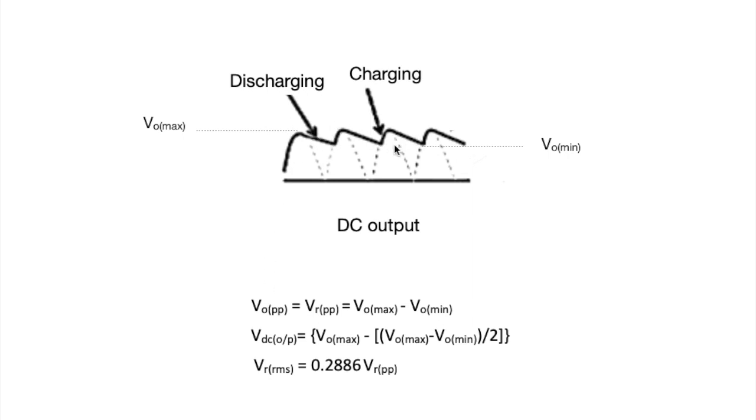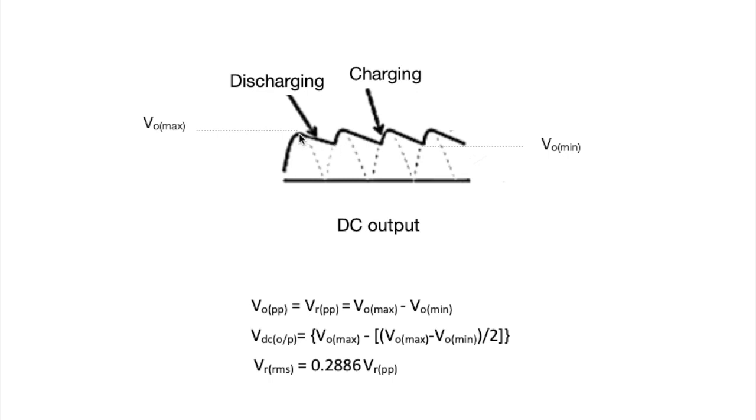This is the time variation obtained at the output, and so this is nothing but the ripple present at the output. Peak to peak of output voltage is now the peak to peak of the ripple signal, and that will be the difference in the voltage corresponding to the upper and lower peak of this particular signal.